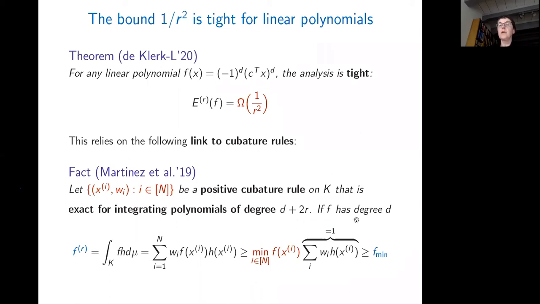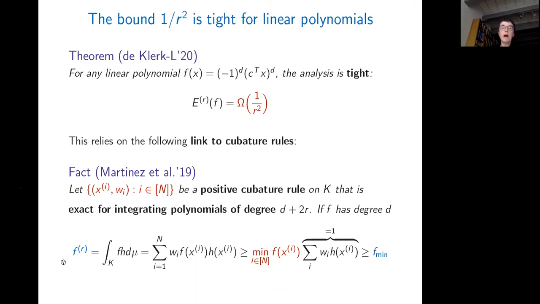Then if you take a polynomial of degree d, the corresponding bound of degree r, which is expressed here, well, you now use the cubature rule to do the integration. So you can express the bound like this. And now you just replace every f, which is evaluated at one of the points in the cubature rule, by the minimum of f over the cubature points. And what remains here is a quantity which is equal to 1 because h was a density. Its integral was equal to 1.